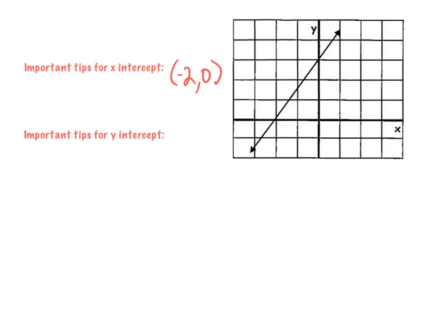Nope. It's not vertical because this line is actually slanted, uphill. What's some important things to remember about the x-intercept? How do we know that it's the x-intercept? Why is the 0 there? Things like that. That's what I want you to tell me.